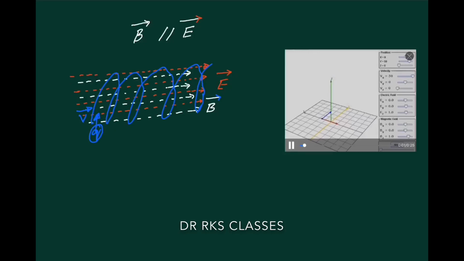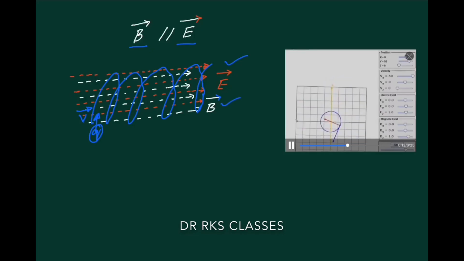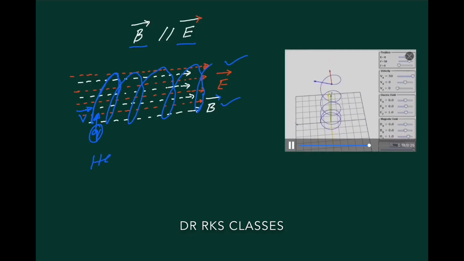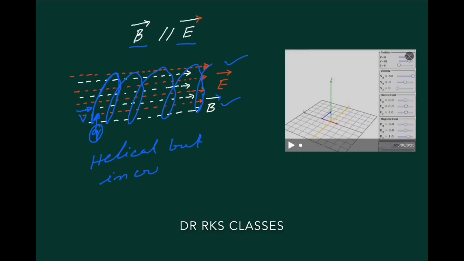When a charge enters an electric and magnetic field, both parallel to each other, and the charge enters perpendicular to the magnetic field, it follows a helical path, but the pitch is increasing.